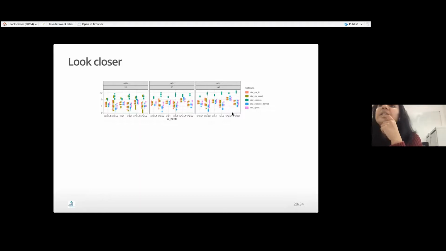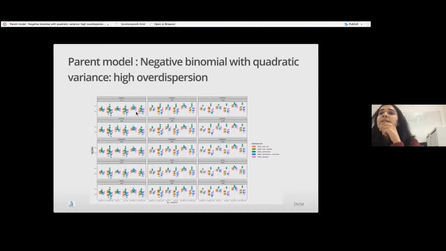Also, Poisson normal is coming very low. That means this model, which models the random effects as well, does not identify the parent model as such. The envelope width also does not make much difference. So we say this is working for higher sample sizes, envelope width and G of B don't really matter much, and it can identify overdispersion.